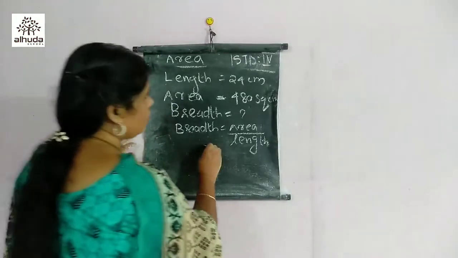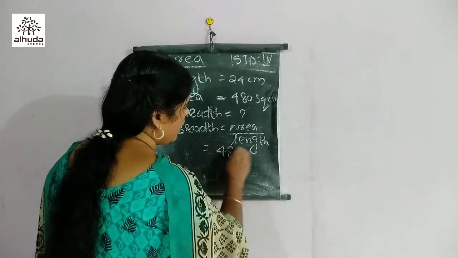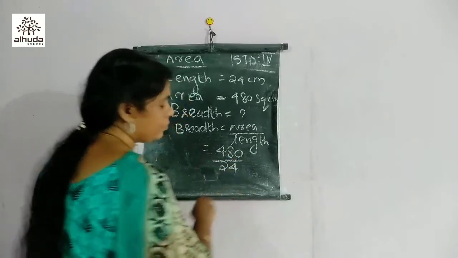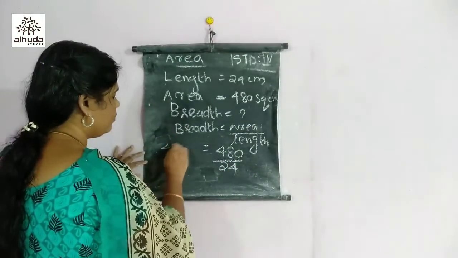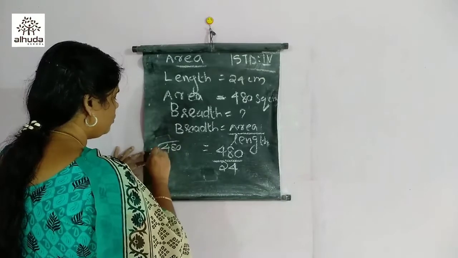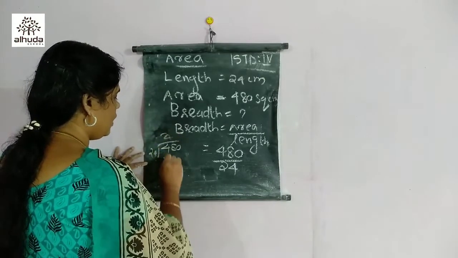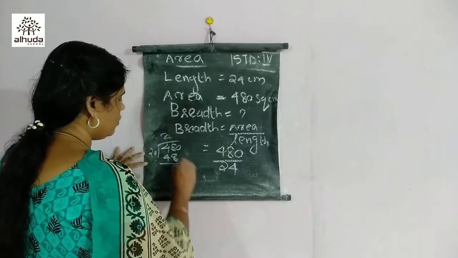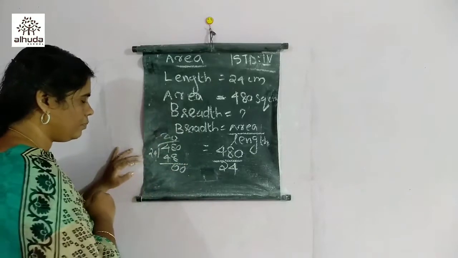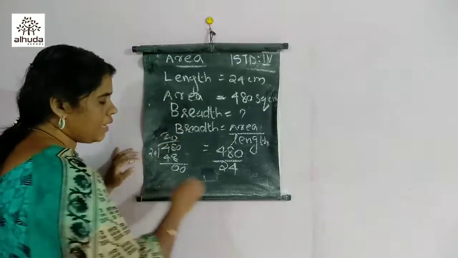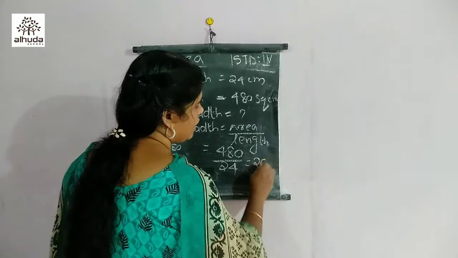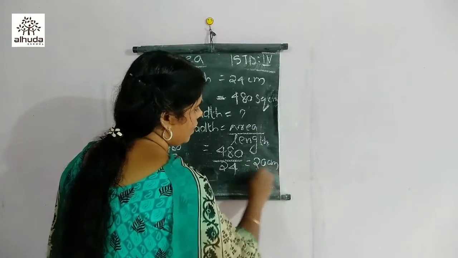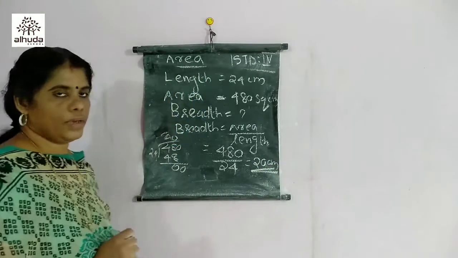So 480 divided by 24. So what will we get? 24 2s are 48, 0 0, then here also put 0. 20 is the answer. So 20 centimeter is the breadth of this figure.